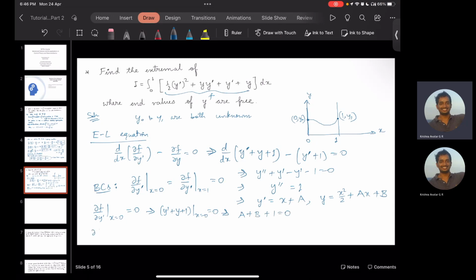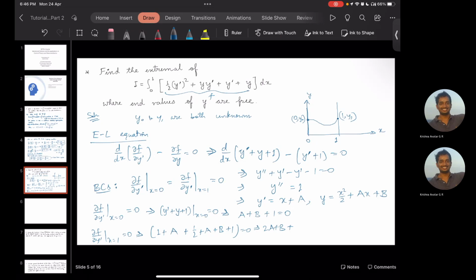This is the first condition. The second condition is ∂f/∂y prime at x equal to 1 is equal to 0. Again, in this case, we'll have 1 plus a plus half plus a plus b plus 1 equal to 0. And then this implies that 2a plus b plus 5 by 2 is 0, is it not?